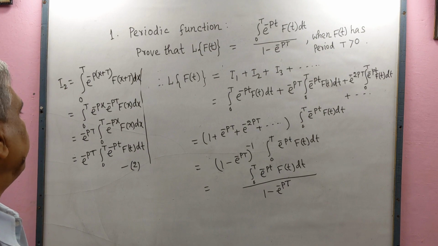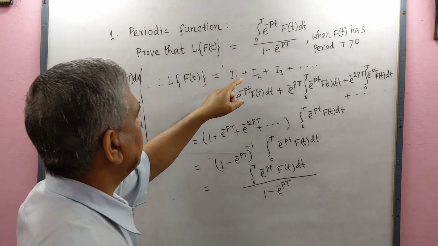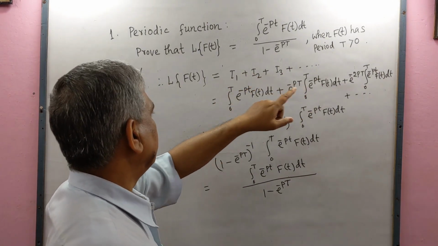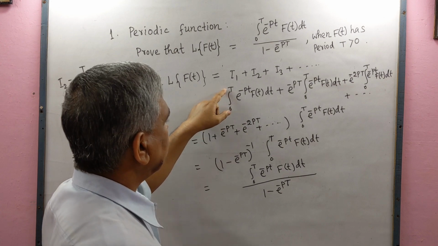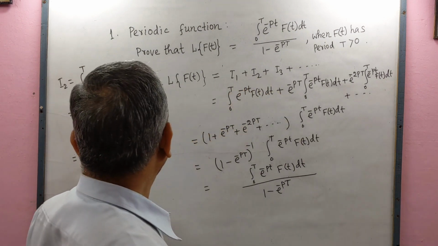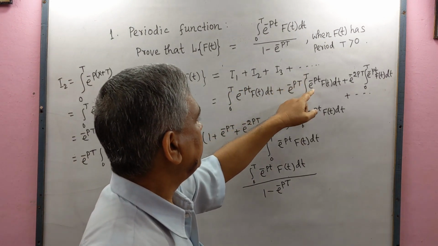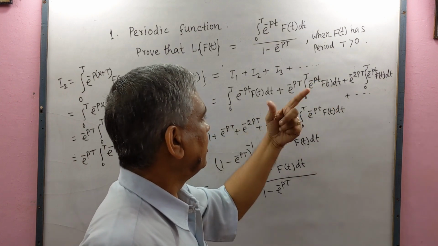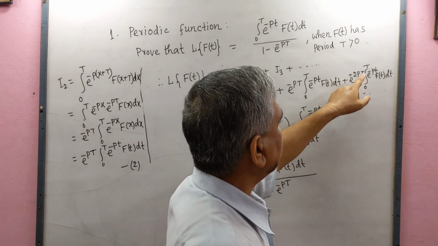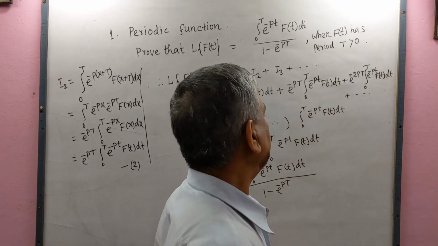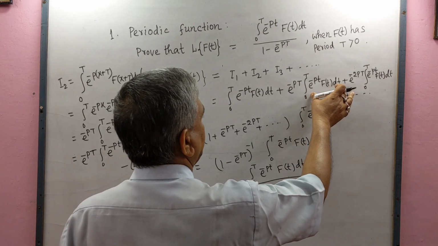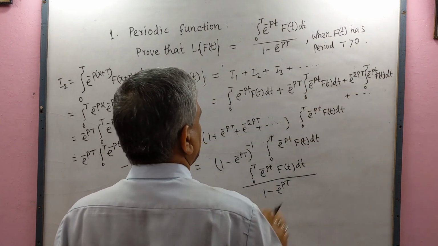Now we put the values of I1, I2, I3 and so on. As L of f(t) equals I1 plus I2 plus I3. I1 is the integration from 0 to T of e to the power minus pt f(t) dt. I2 is e to the power minus pT times the same integral. I3 is e to the power minus 2pT times the same integral. We take common this part, which is common in every term.